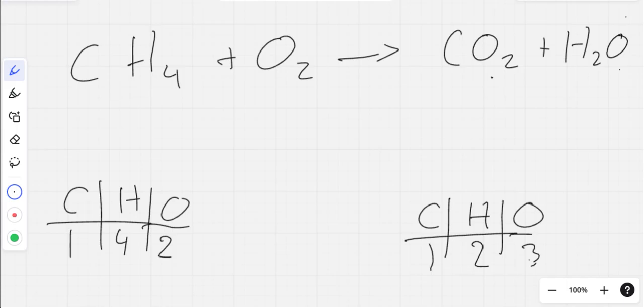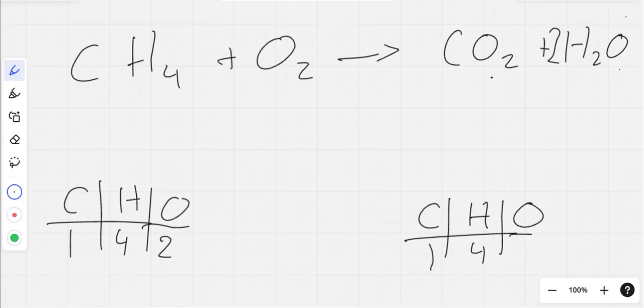Okay, so what we can do now is we can multiply this H2O by 2, and this is just a process of sometimes trial and error.